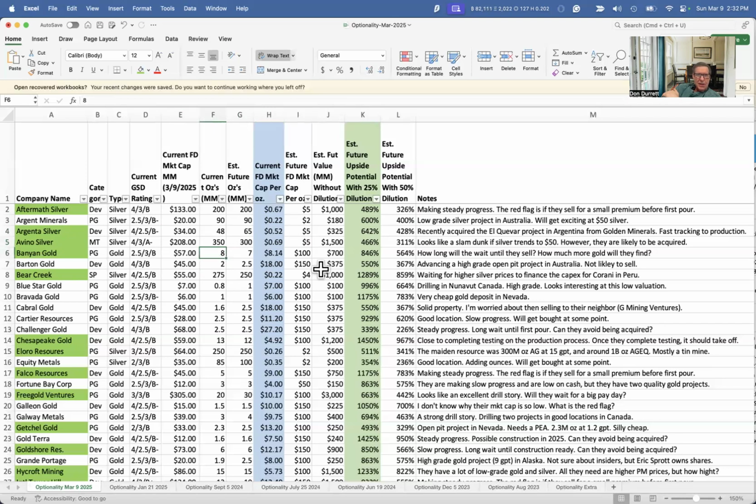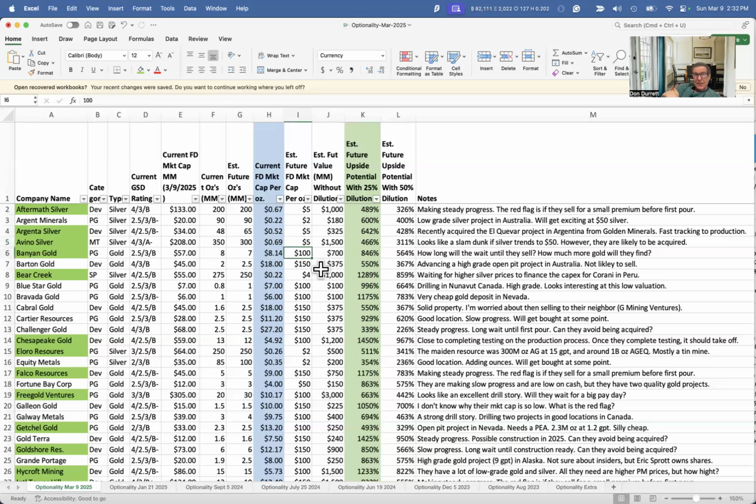Banyan, 8 million ounces, only giving credit for seven, and it's still printing at $8 an ounce in the ground. What are the odds they sell this thing for less than 50? It's sitting at 25% dilution, which we think is good. It's sitting at an eight bagger at $100 gold.